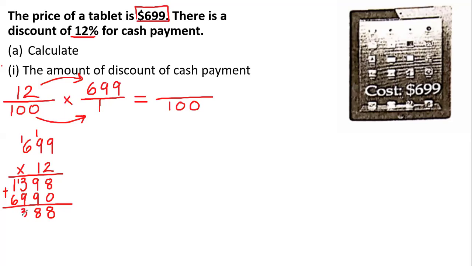Put the 3 down, put the 1 up. 6 plus 2 is 8. So we have 8,388. And we're done, right? That's all we have to do.